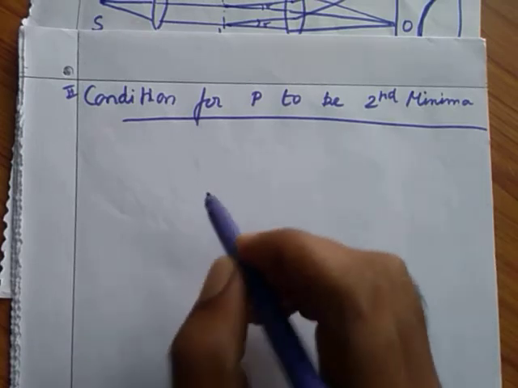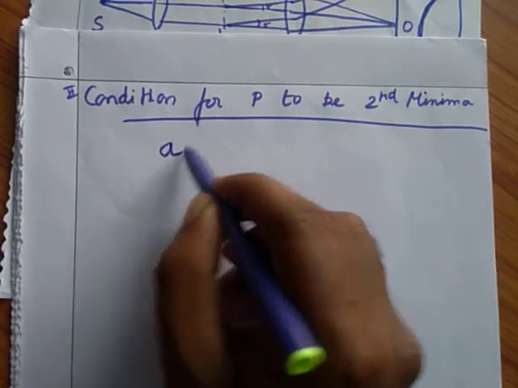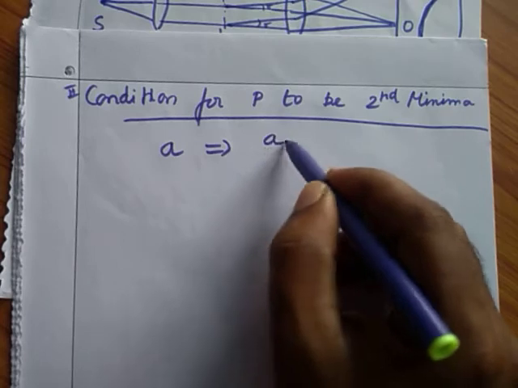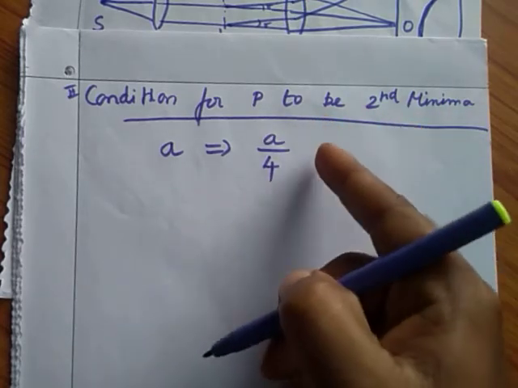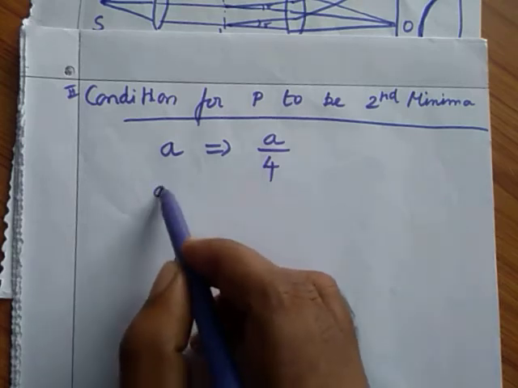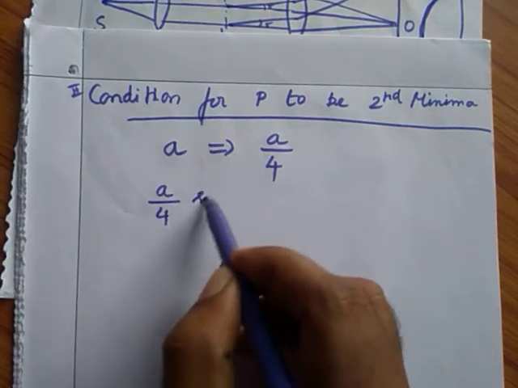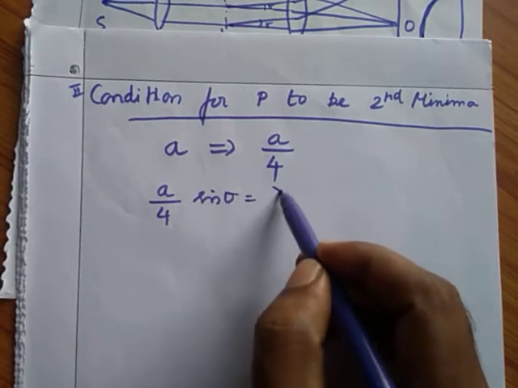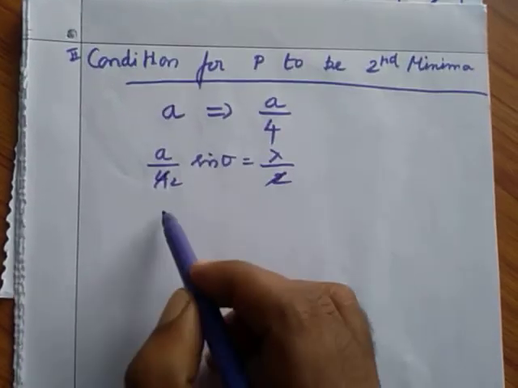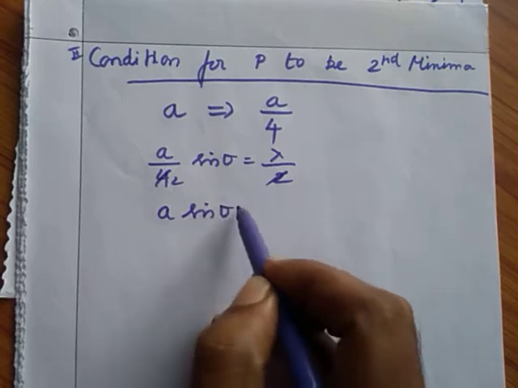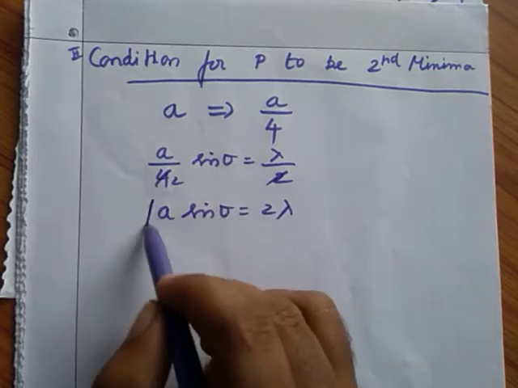For that we have to split the width a as a by 4. For first minima it is a by 2, for second minima it is a by 4. Then a by 4 sin theta is equal to lambda by 2. After solving this, we get a sin theta is equal to 2 lambda.